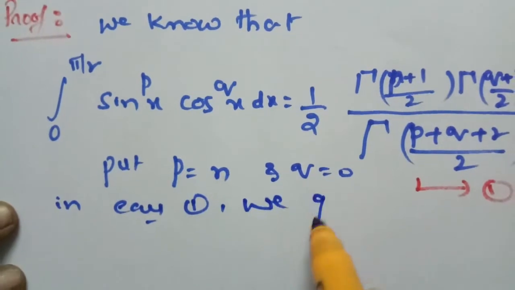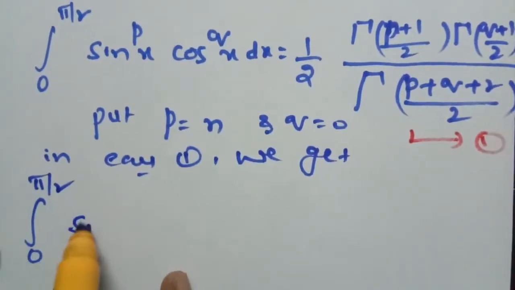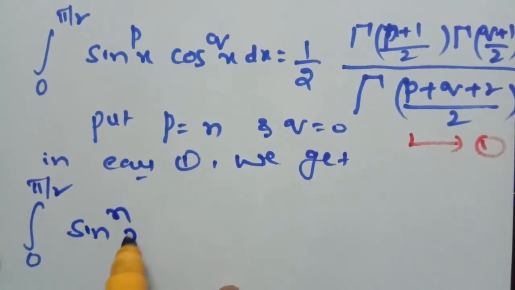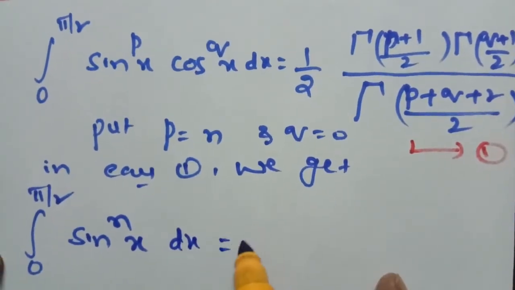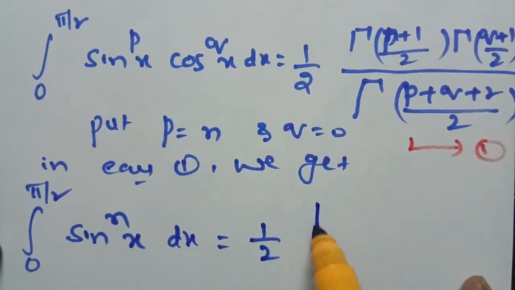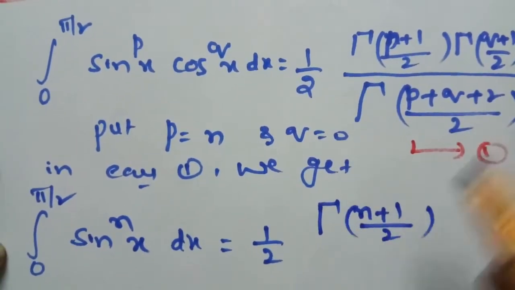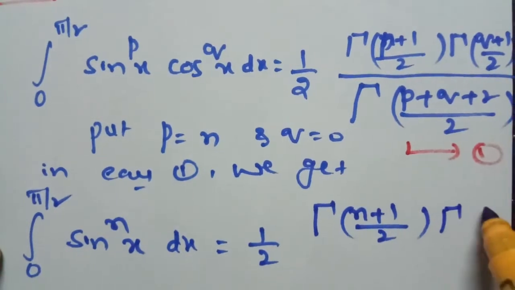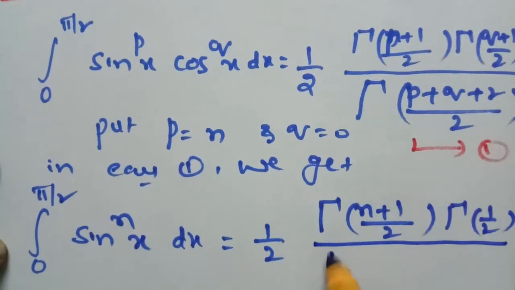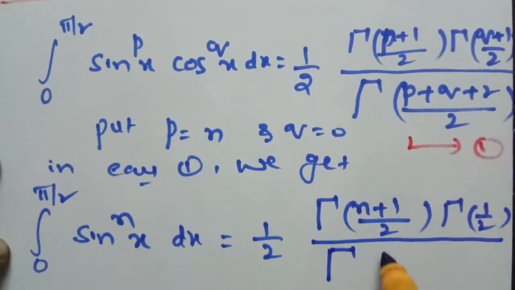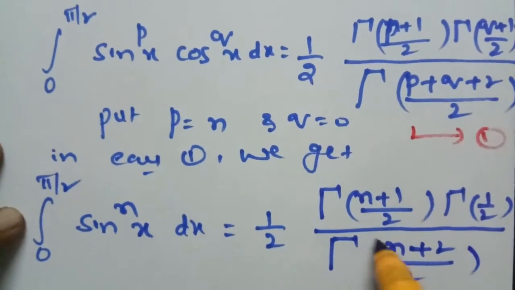We get integral 0 to pi by 2 sine to the power of nx into cos to the power of 0 dx is equal to 1 by 2 into gamma of p value, (n plus 1) by 2, into gamma of q value, (0 plus 1) by 2, that is gamma 1 by 2, by gamma of (n plus 0 plus 2) by 2.